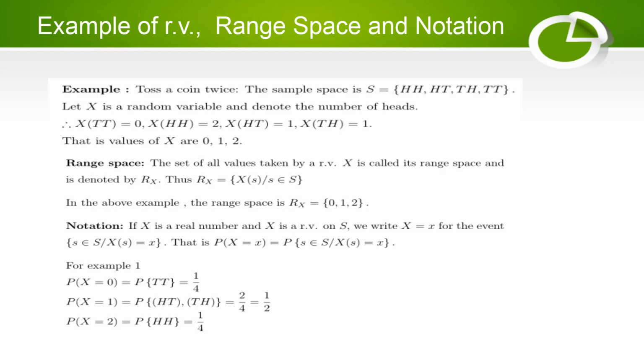For the above example, P(X equals 0) equals P(TT) equals 1/4, P(X equals 1) equals P({HT, TH}) equals 1/2, P(X equals 2) equals P(HH) equals 1/4.